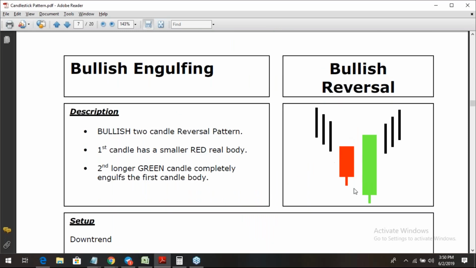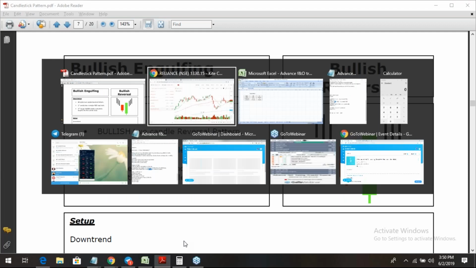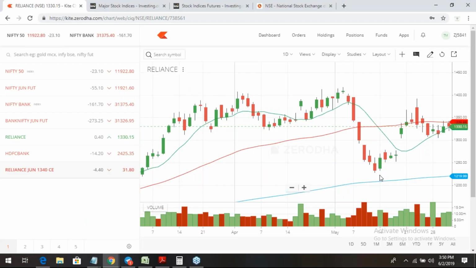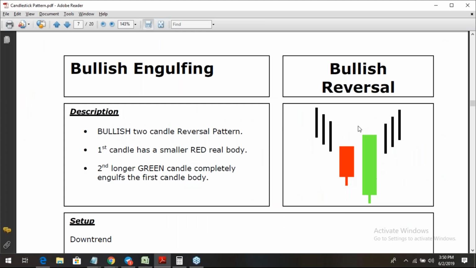If there is a small red candle, a big green candle engulfs the previous red candle, right? Is it a complete engulf? No, it's not a complete engulf. This is called complete bullish engulfing. The previous red candle is completely engulfed by the current day's candle.